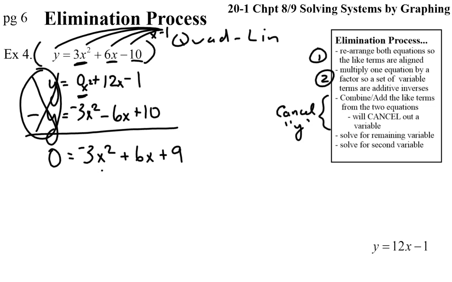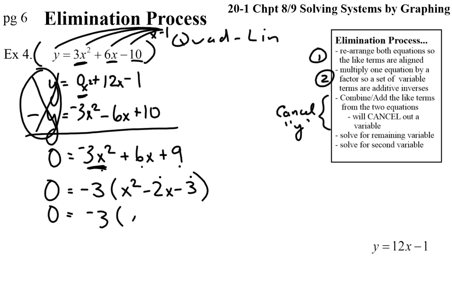Again, I see a GCF of 3, so I'm going to do the factoring process. I want a positive x squared, so I'm going to factor out a -3, because that will leave me with a positive x squared that I might be able to work with after. x squared minus 2x minus 3. What multiplies to -3 but adds to -2?